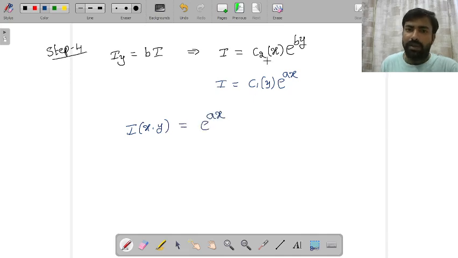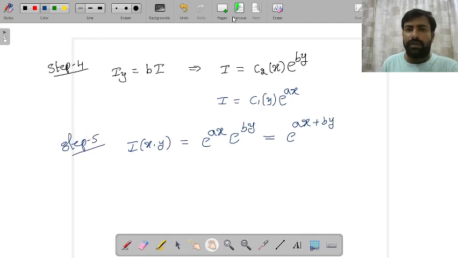Why? Because here you have c2 of x, and in place of that you have e power ax. Similarly here you have e power by in place of c1 of y. So this is nothing but e power ax plus by. That's it. So this is what step 5 says, right?